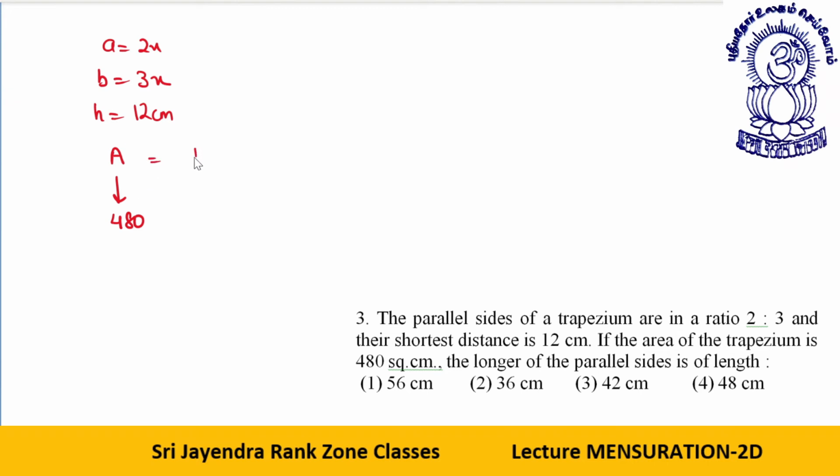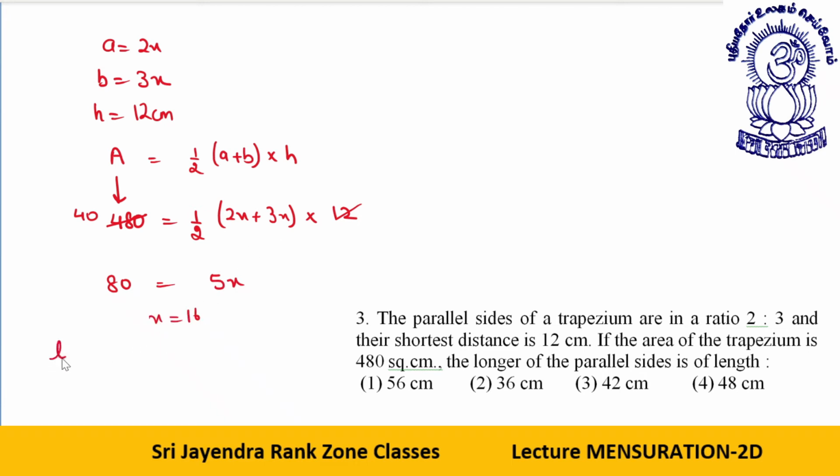See, area is what? Half A plus B into H. This is equal to half into 2x plus 3x into the height, which is 12. I can say this cancels with this to give me 40, or 80 is equal to 5x, x is equal to 16.